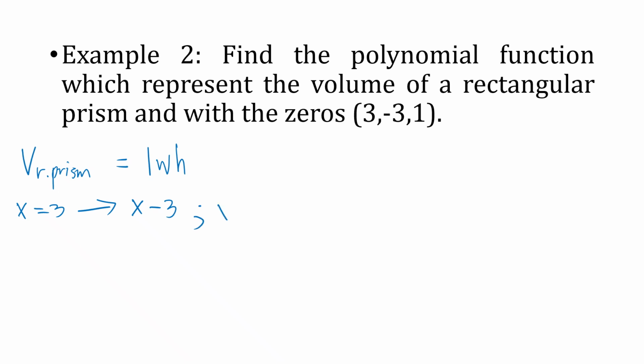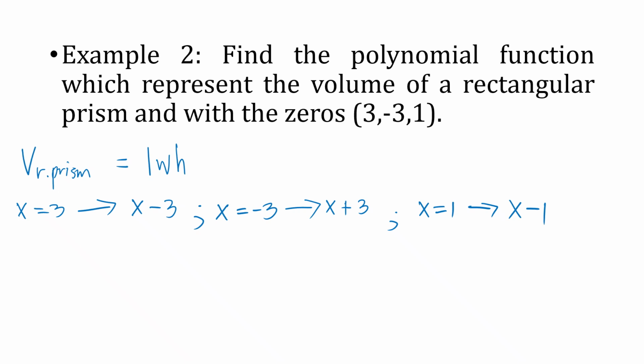Next is x is equal to -3. So if we're going to transform this in factored form, the result is x plus 3. Then lastly, x is equal to 1. So we're going to write this in factored form, so it will become x minus 1.